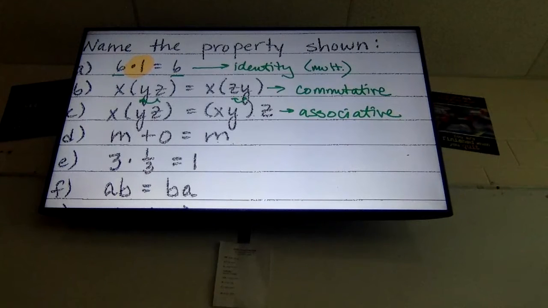We did one just like this earlier. Identity, not of zero. What operation are you doing? Addition. So it's the same idea. We started with something and we ended with the same thing, and the only thing we did was add zero to it. So we're going to call that identity again, but this time it's going to be the additive identity.